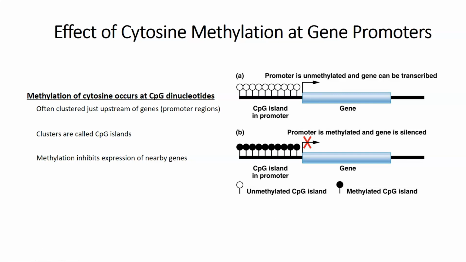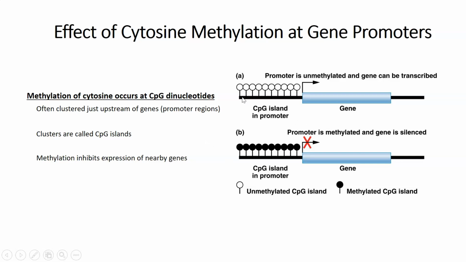This slide is just showing that there are many CpGs typically found in the promoters of genes. Promoters are typically very GC-rich regions with lots of CpGs. All these lollipop-type structures indicate a high density of CpGs in promoters. Wherever you find a high density of CpGs, these are referred to as CpG islands. So typically promoters are regions where you find CpG islands, and those are sites for methylation.